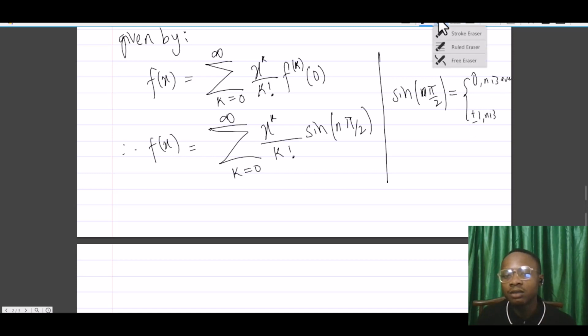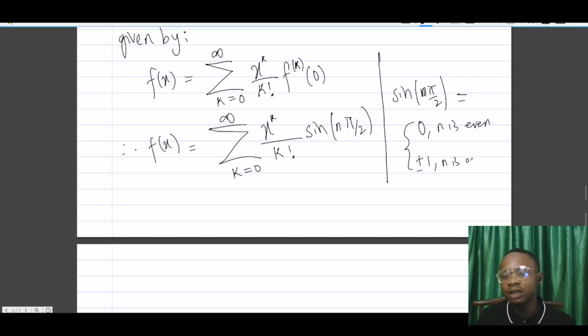Just want to have enough space so that this can breathe. So it will be 0 when n is even, as we've observed before, and plus or minus 1 when n is odd. That's what you have seen again with our calculator right now. So if it is 0 when n is even, then we know that this will not have any term when n is even.